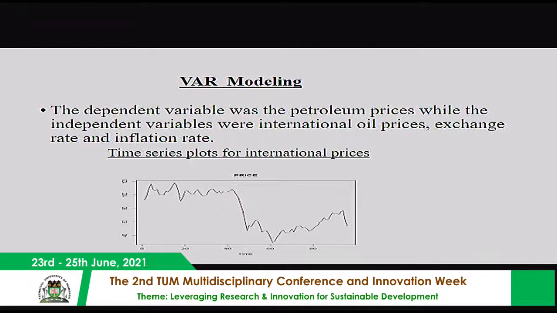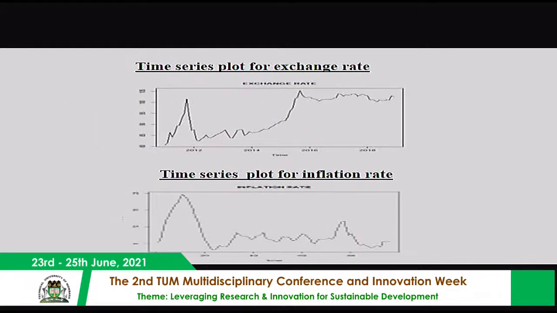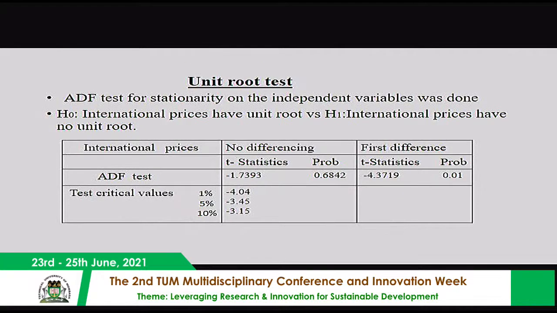Also here, my dependent variables were the petrol prices, and the independent variables were the international oil prices, exchange rate, and the inflation rate. I was trying to see how they affect the prices in our country. So we see that all of them were non-stationary. They became stationary after carrying out the first differencing.